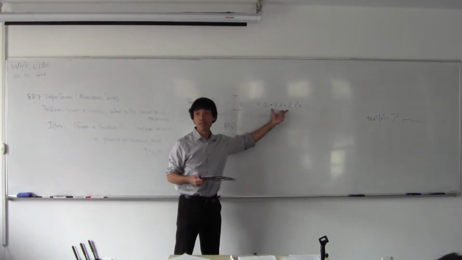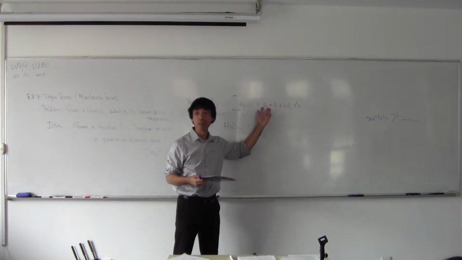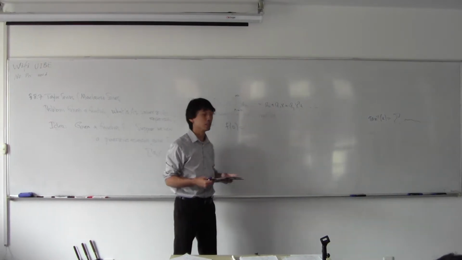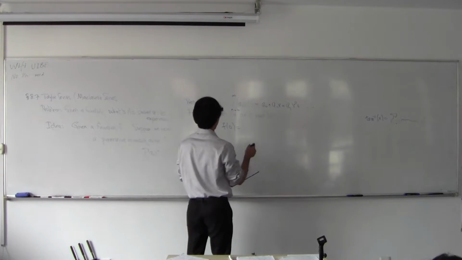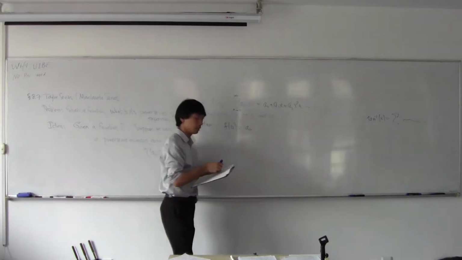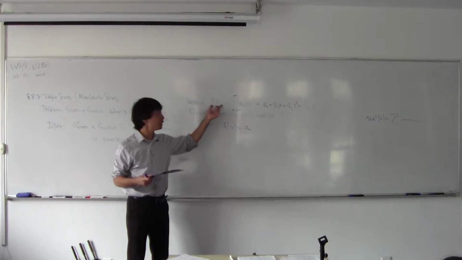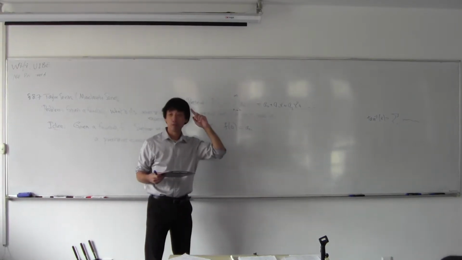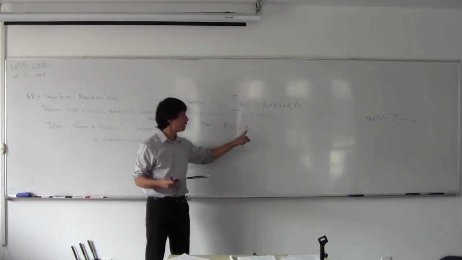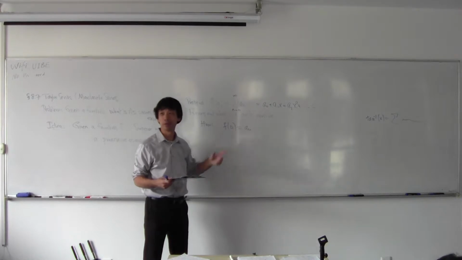If you evaluate this at 0, you get the a0 term. So if you have this function, you think, well, if it has a power series expansion, I know what the a0 coefficient is. It's going to be the function at 0.